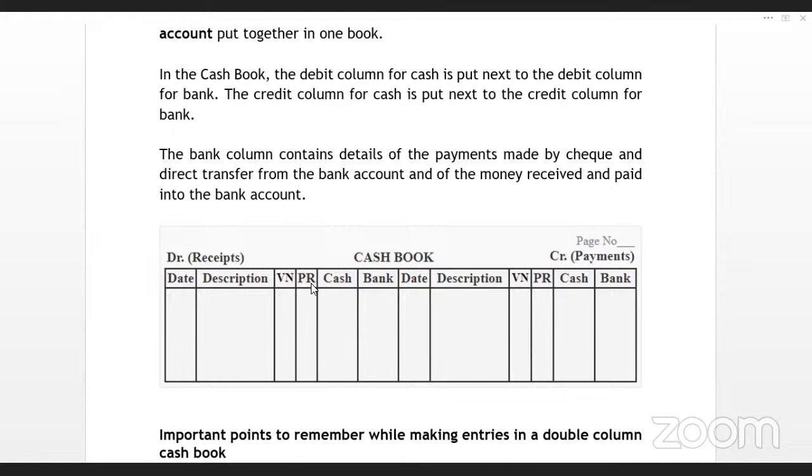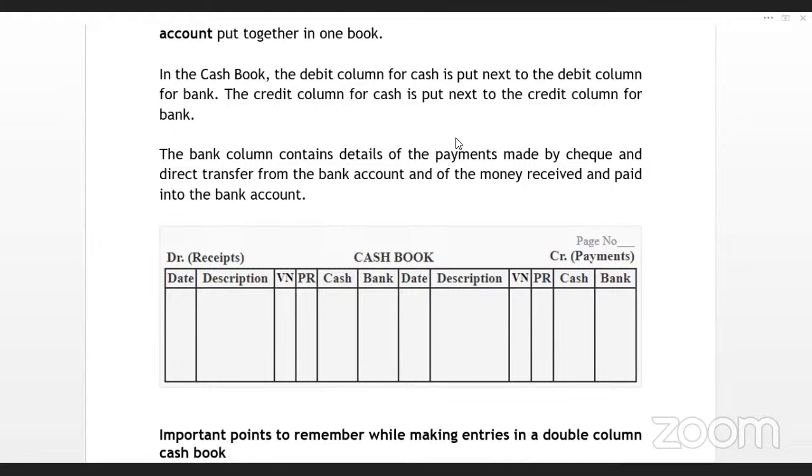So in this cash book, you can just use one column, which is the folio column, or if you have the voucher number and the posting reference numbers, then you can still use the two. Alternatively, you can just use one column, the folio column.